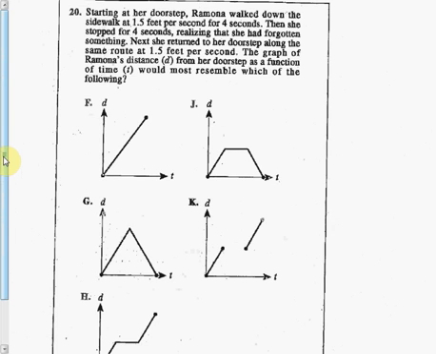Okay. Let me see if I can help you out. You see this t-axis? That's the time, right? Then up above is the d, that's the distance. So here's what that means. As time is going along on the t-axis, is there movement?